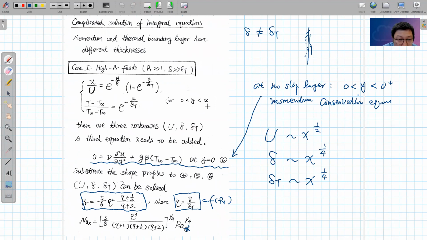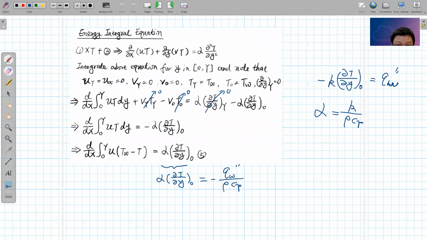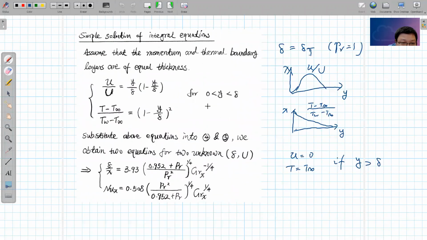And the last thing for this integral method is looking at how we assume the shape function. We assume that the temperature is T minus T infinity divided by T wall minus T infinity, right? What does this mean? When we assume the shape function, we're using this T wall here.